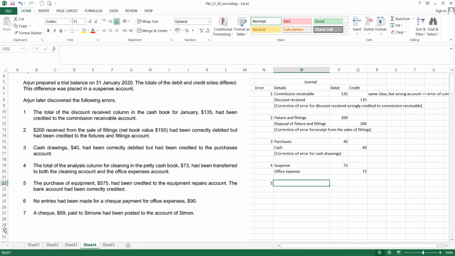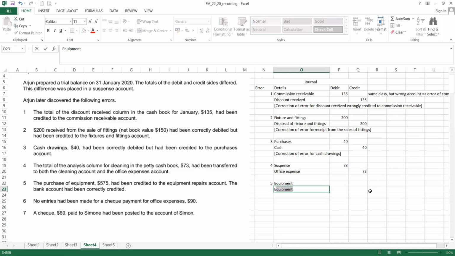Question 5. The purchase of equipment, 575, has been credited to the purchases repair account. A non-current asset becomes an expense. So the bank account has been credited. That means this is a wrong class. So we had to debit equipment.